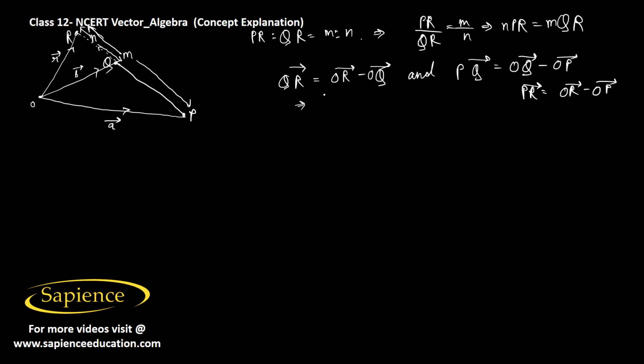Now here QR vector. So from here we can also say that n into PR vector is equal to m into QR vector.